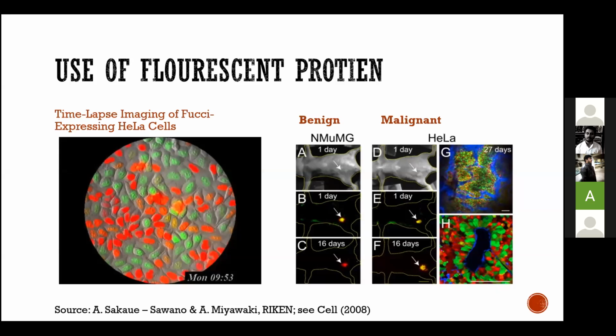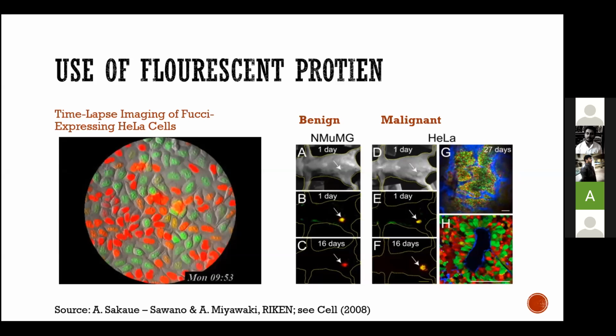Cool video, but what else? This is biology happening, but what new can you do with it? Then Miyawaki and colleagues went on and looked at benign and malignant tumors inside the cell. They injected masses of cancer cells tagged with green fluorescent protein into the mouse.